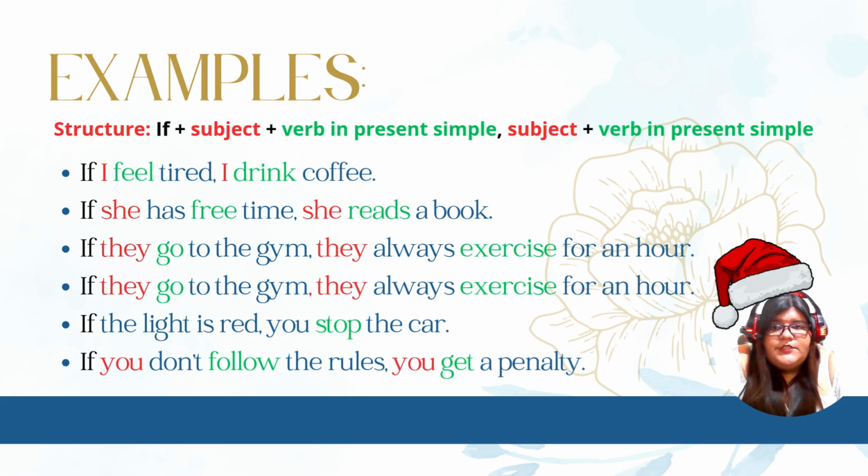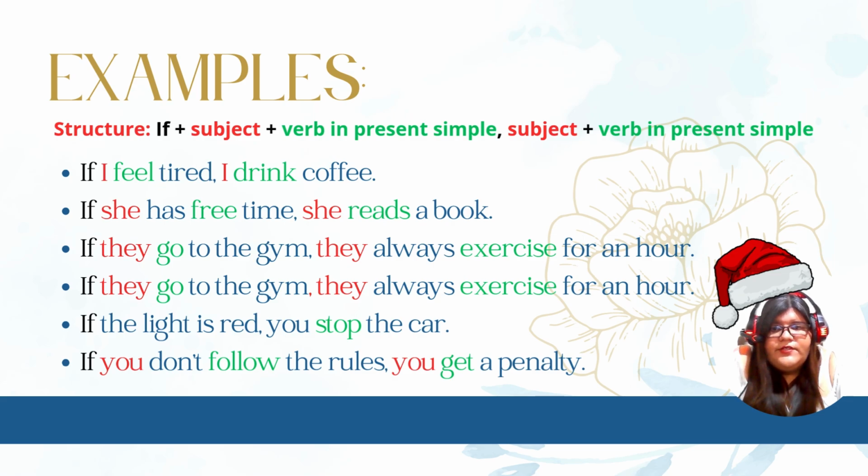If they go to the gym, we have if, the subject, the verb, and to the gym will be the complement. And then in the second sentence, we have they always exercise for an hour. Here we have a frequency adverb: they always, always is the frequency adverb, right? And then we have for an hour, that is the complement. So be careful and pay attention to those details.